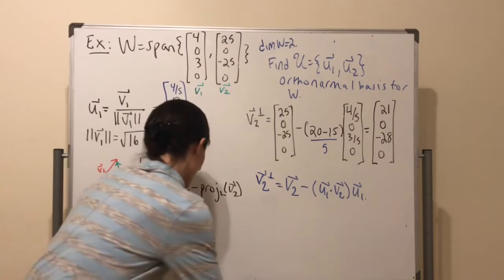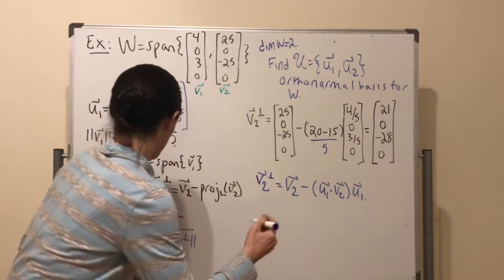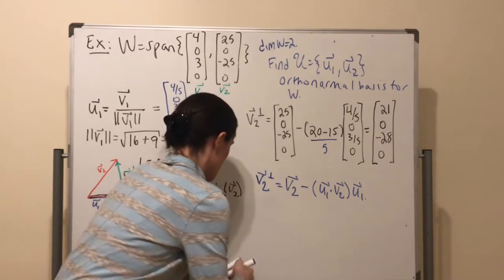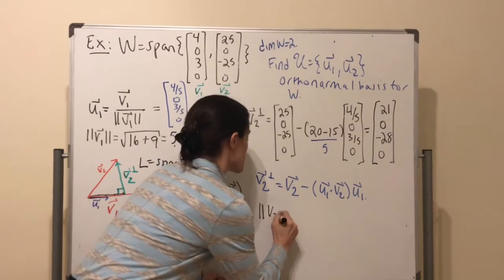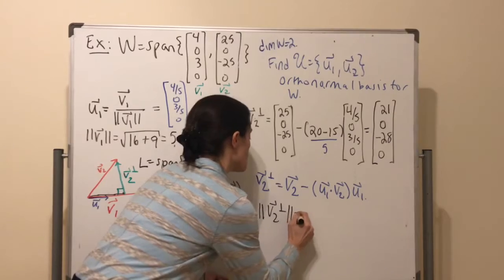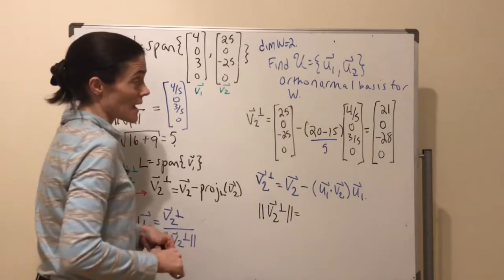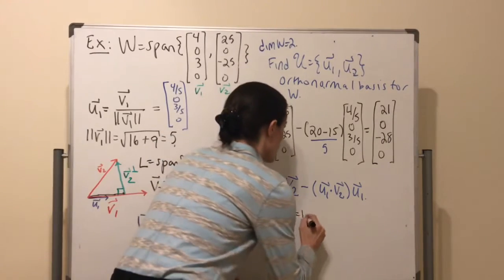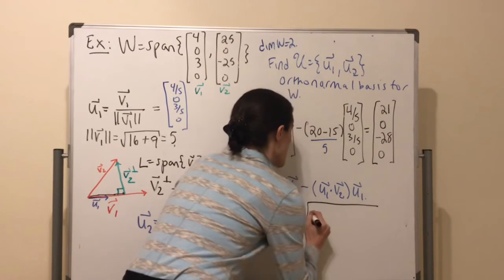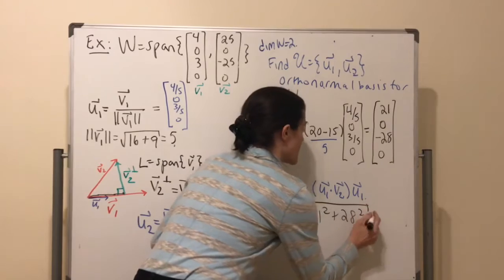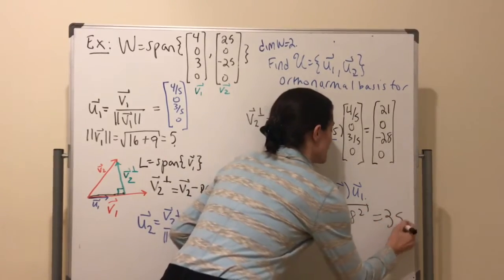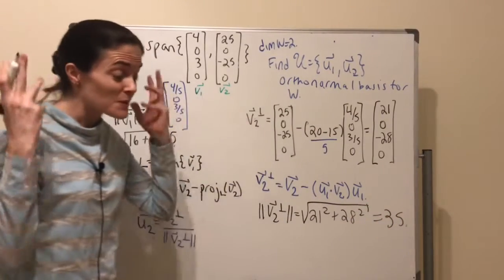So now we can compute its length. Maybe I'll continue in black. The length of this component of V2 that's orthogonal to the line is the square root of 21 squared plus 28 squared. I can just tell you it's 35, but I would not be able to do that in my head.